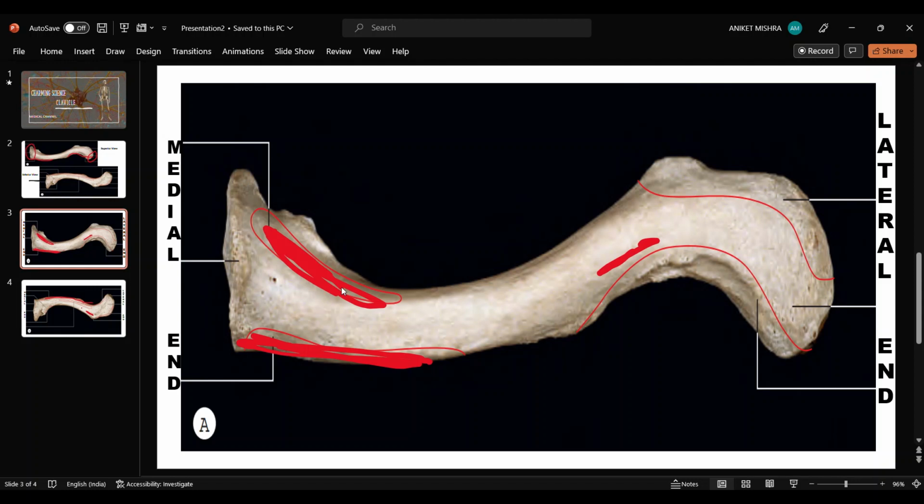The smooth posterior surface is devoid of muscular attachment, except at its lower part immediately adjoining the external end, where the lateral fibers of the sternohyoid are present. Only the sternohyoid muscle gives attachment at the middle of the shaft.